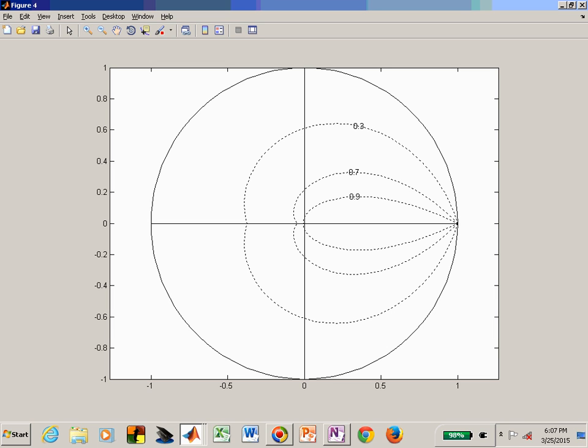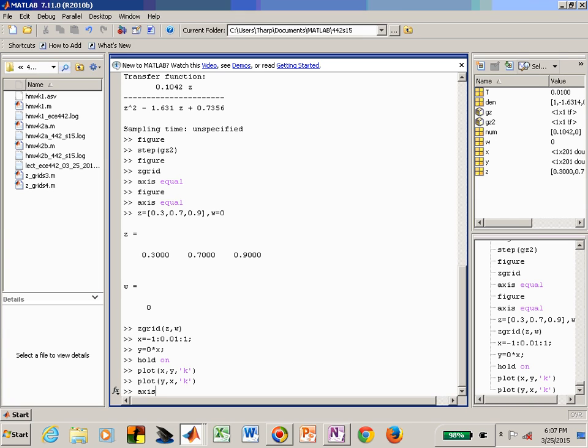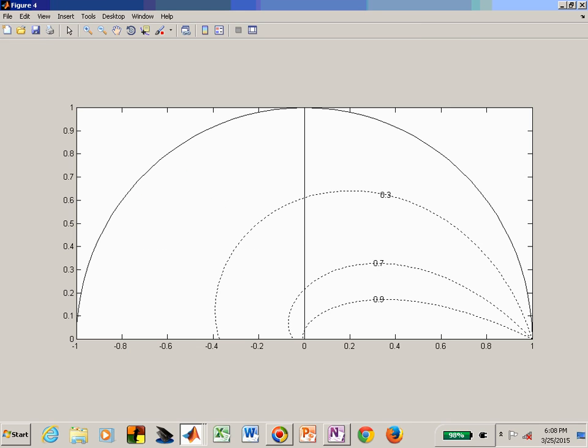And if I just wanted maybe the top half, you know this is symmetric with respect to the top half and the bottom half, I could cut that off by saying let's just allow the axis to be -1 to 1 in the x direction and 0 to 1 in the y direction. And now I just have the top half of that plot. And now you could start putting your poles and zeros on that diagram for design purposes, for example.